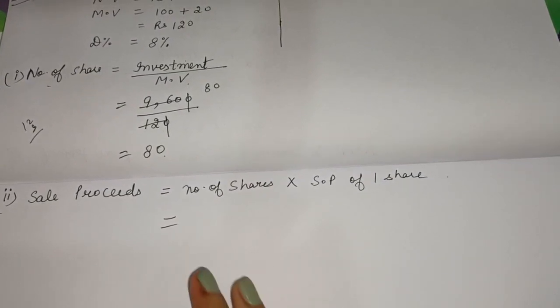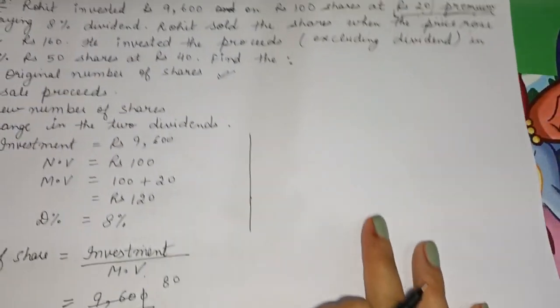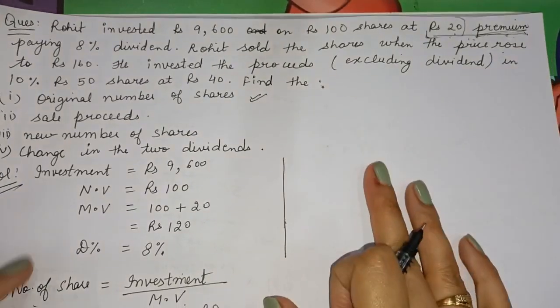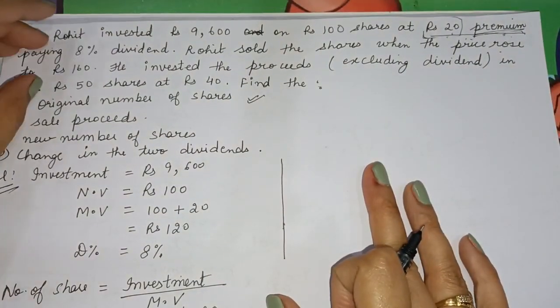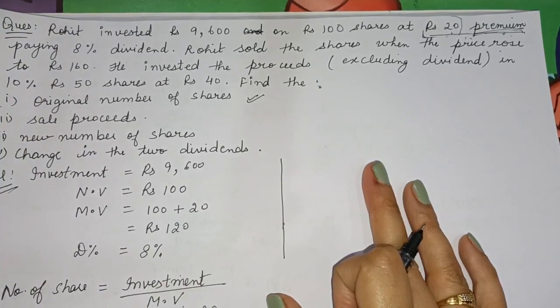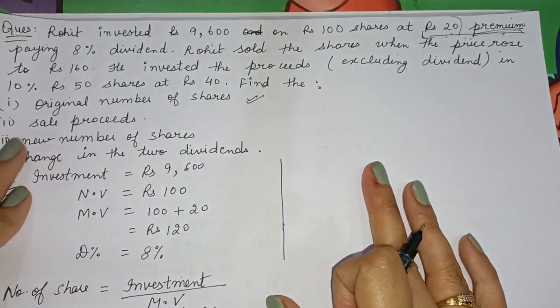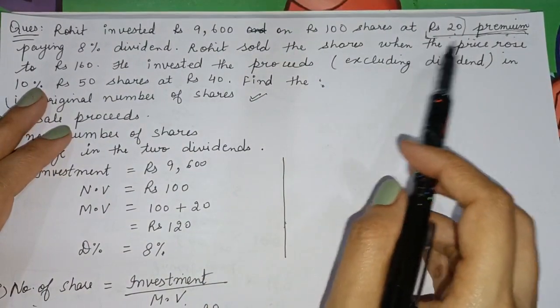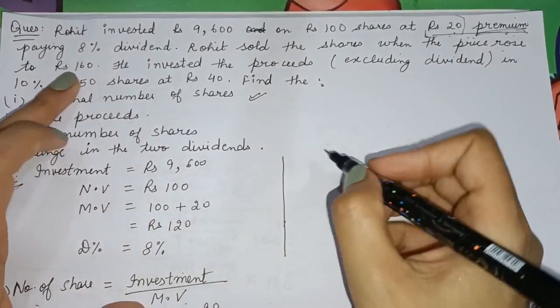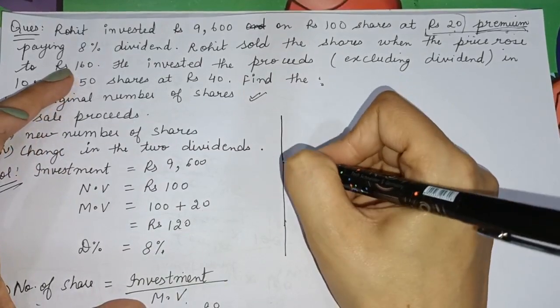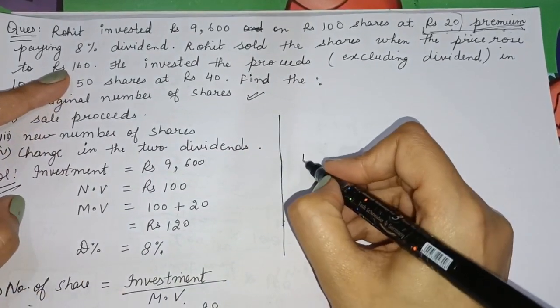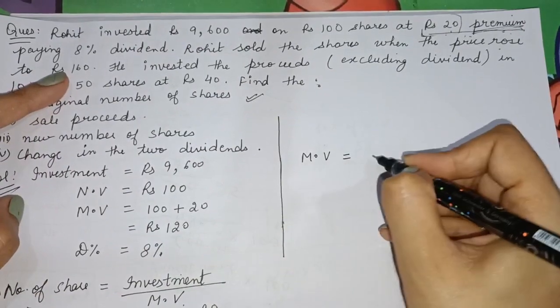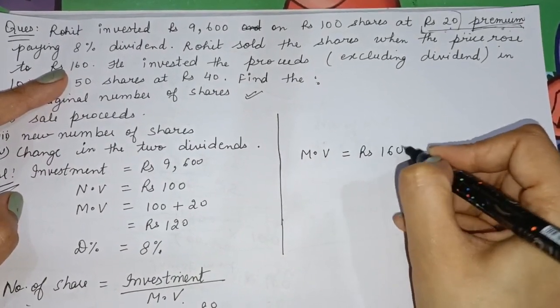Now before we do this question, let's write the other part of this question, whatever is given after this buying, because the person is selling also. So Rohit sold the shares when the price rose to 160. When the price rose to 160, then he is selling. So that means market value when he is selling is rupees 160.